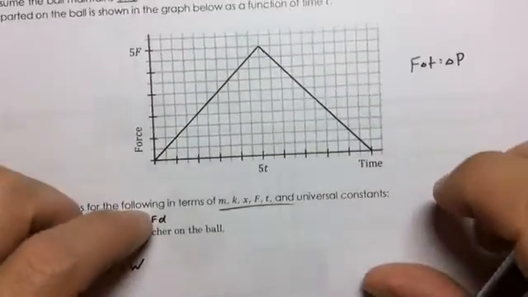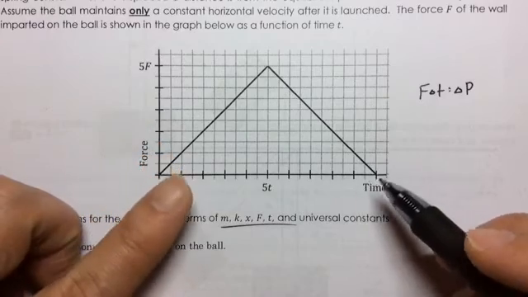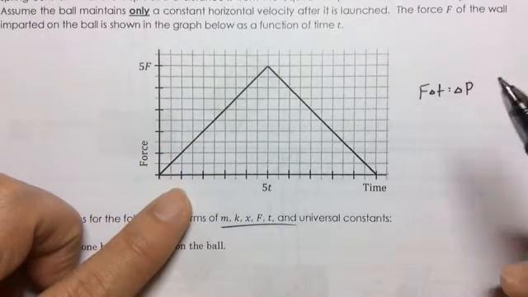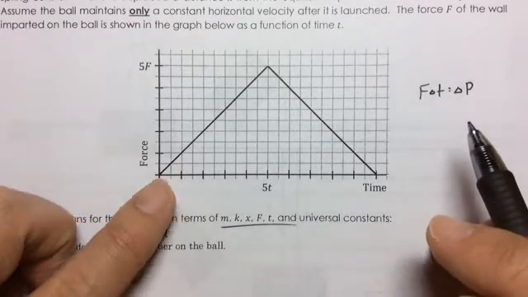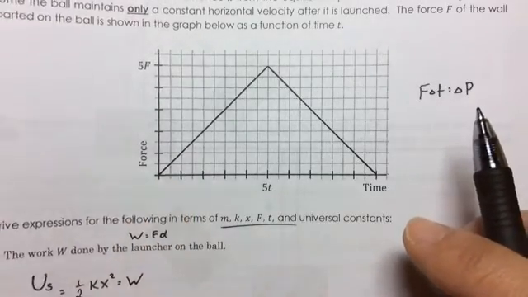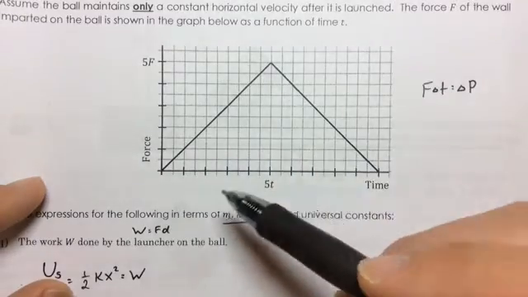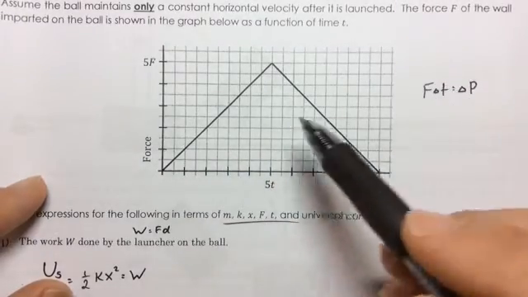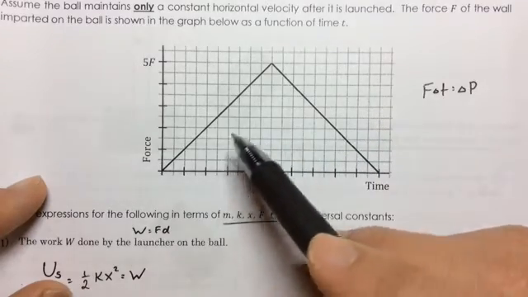And we're actually given this graph of force times time, and we know that force times time is going to be impulse. So the answer to that question, how much momentum change is given to the ball by the wall, would essentially be the area underneath this curve, because force times time is really talking about the area of this shape.